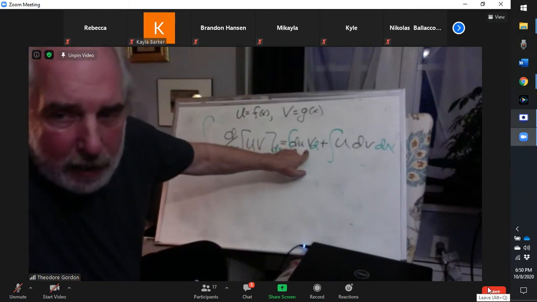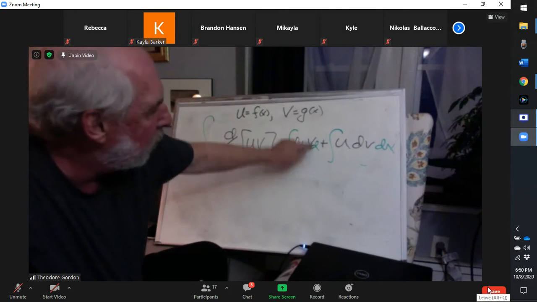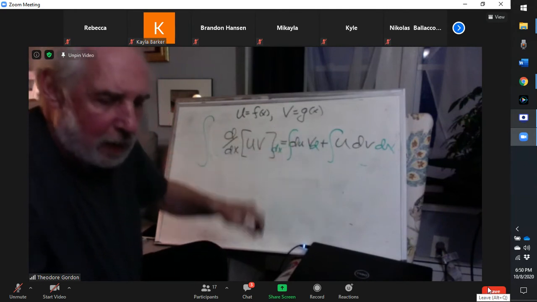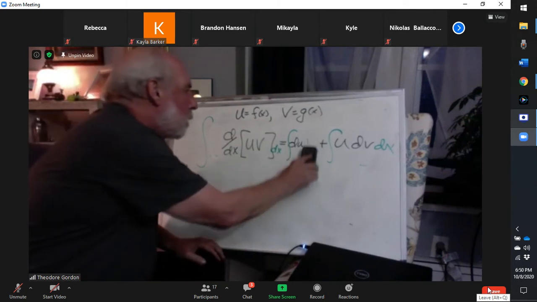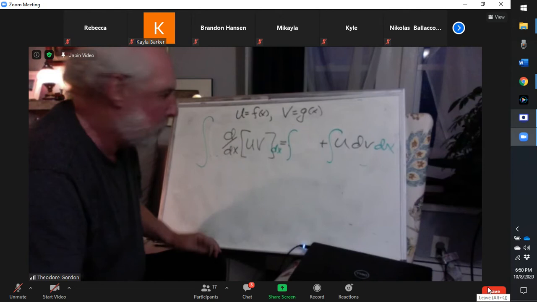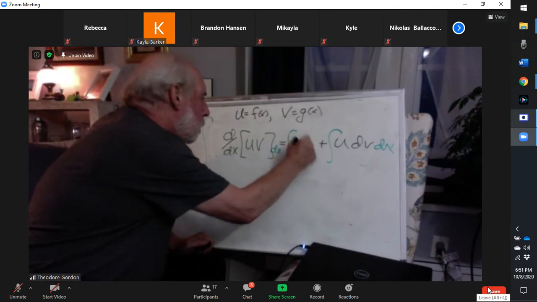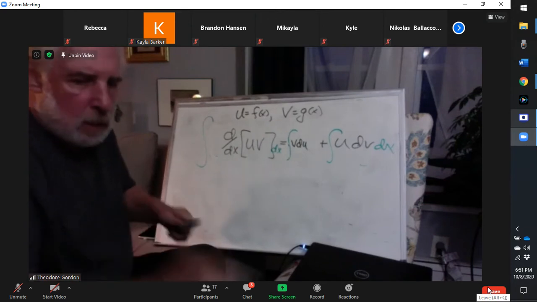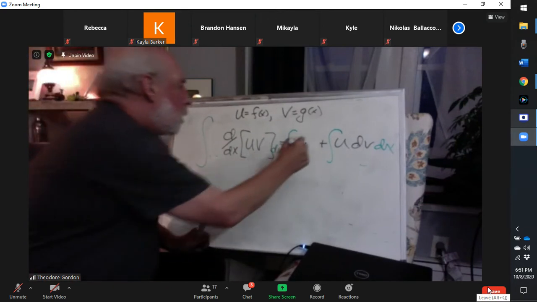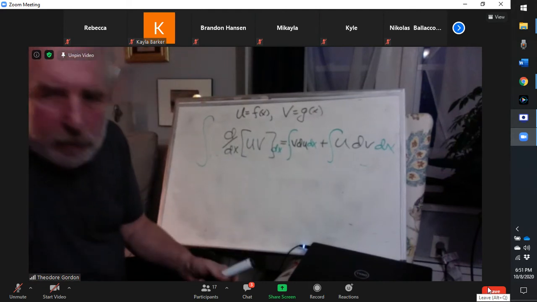This is incorrectly written. To do this integral, I have to put the v inside there, so I have to rewrite this. Okay, those three integrals.